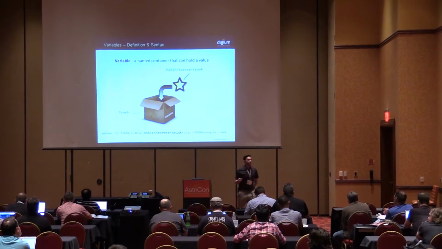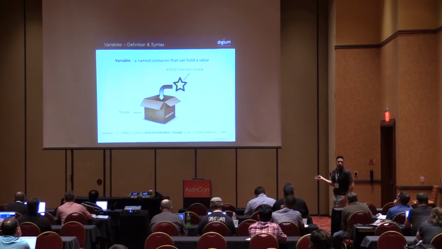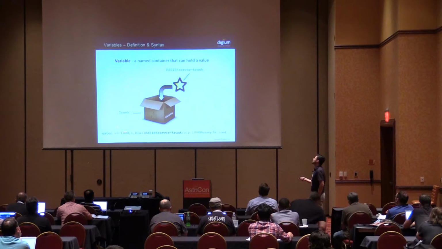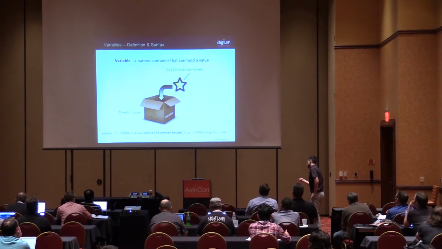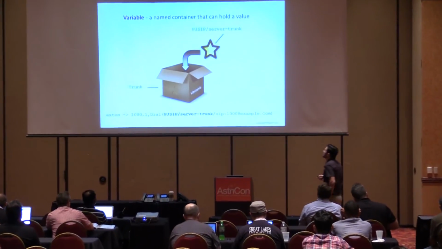First, what is a variable? A variable is a container for a value, and I'm pretty sure you guys here program or have done some programming, so you're probably very familiar with the concept of a variable, right? Let's say that we have an extension 1000 that dials PJSIP server trunk, 1000 at example.com.